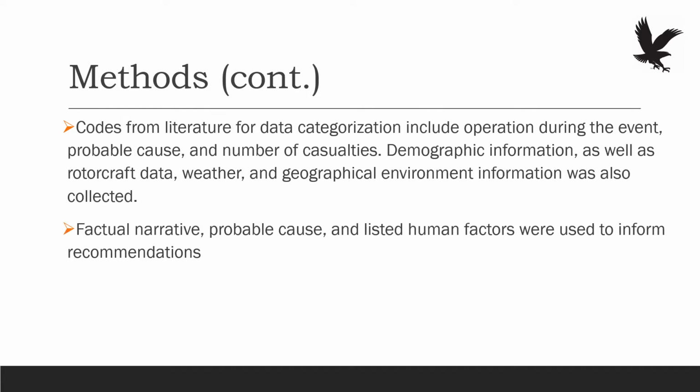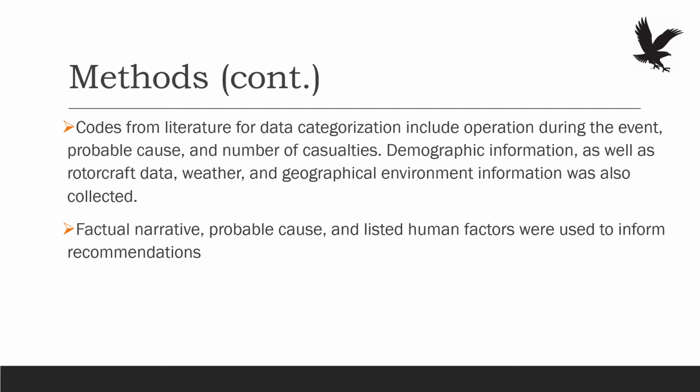So starting out, codes provided by literature for data categorization included operation during the event, probable cause, number of casualties, as well as demographic information and information related to the geographical site.